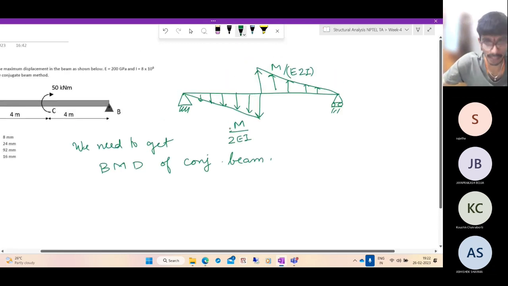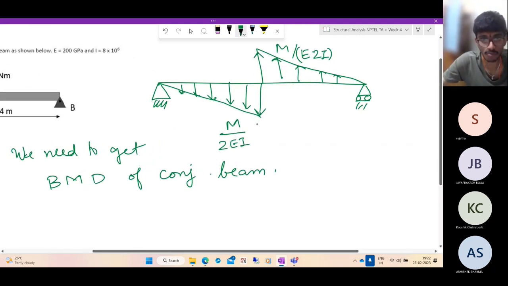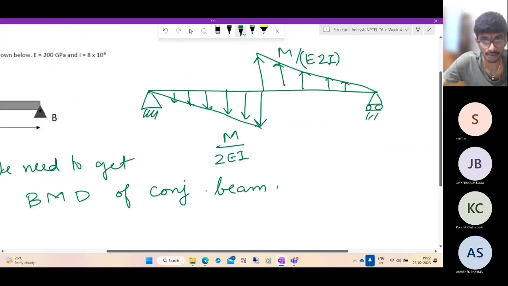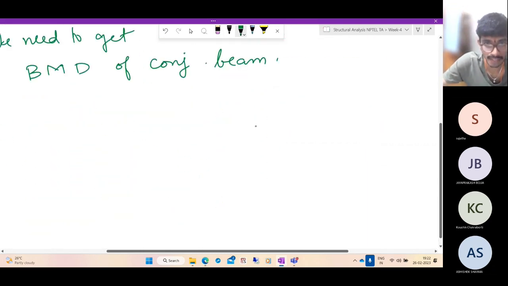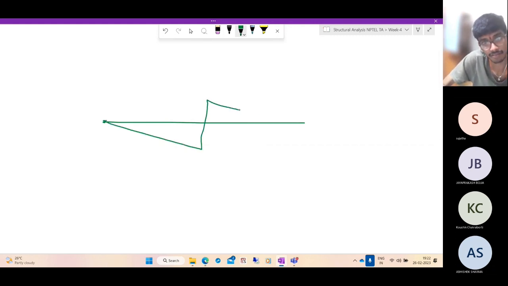So we already have the loading. But what do we know about the loading conditions? We saw the reaction, right? What was the reaction? The load is like this, and the reaction, so this is downwards, this is upwards.